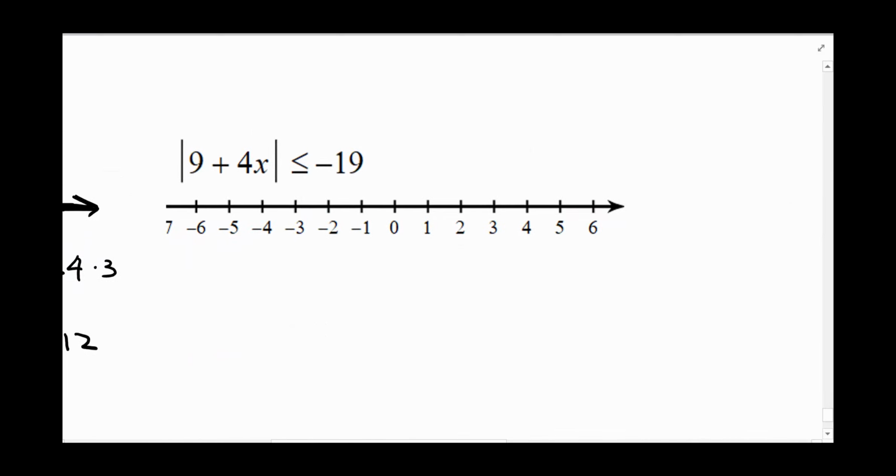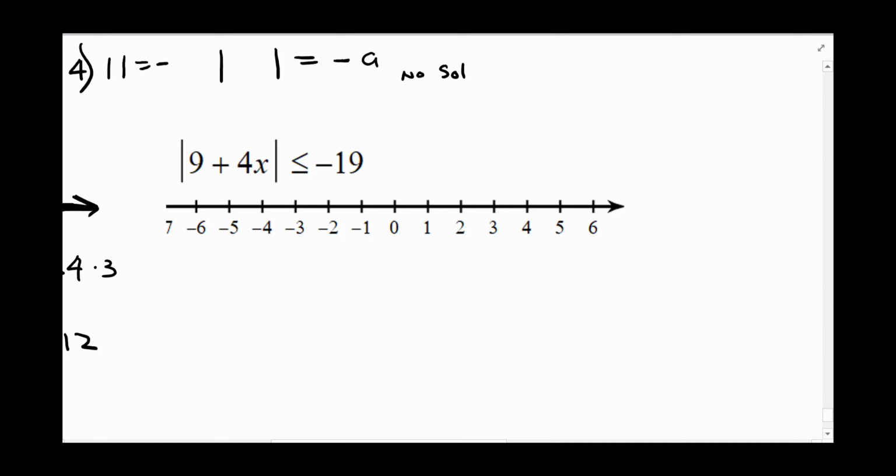Now I'm going to come over here. And remember with absolute value equations, the fourth step was if the absolute value is equal to a negative number, you write no solution. The same goes here.